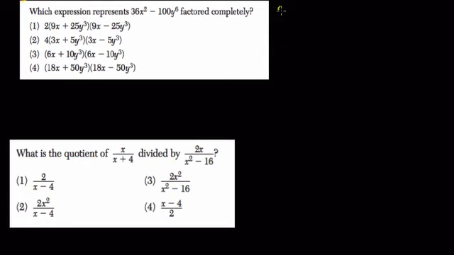Here they want us to factor 36x squared minus 100y to the 6th completely. So here, you want to pull out a common factor. I noticed that 36 and 100 are both even, right? But we can find a larger number, and I want to work that way.